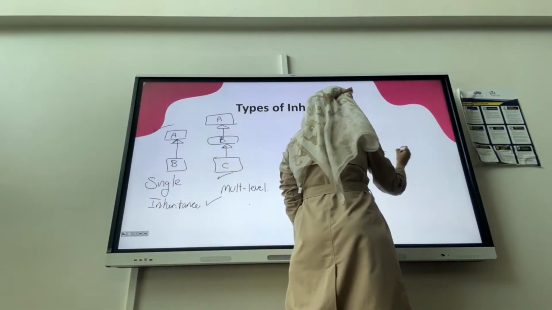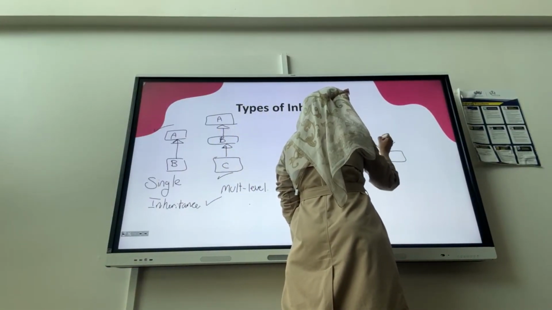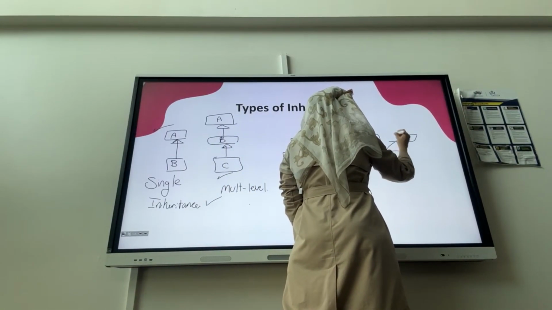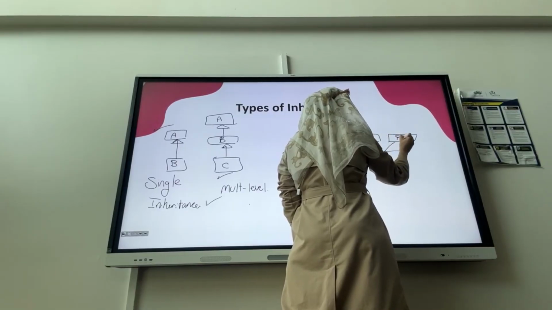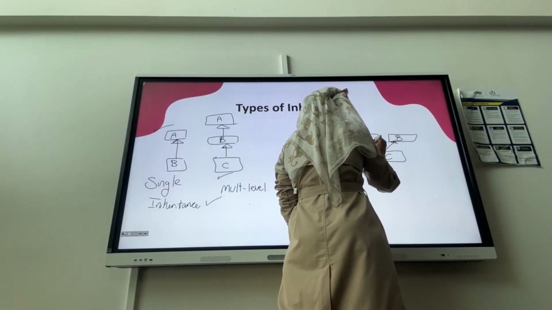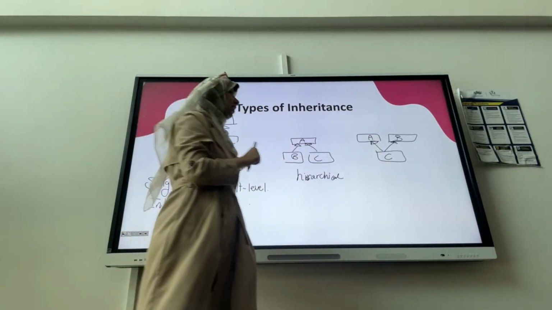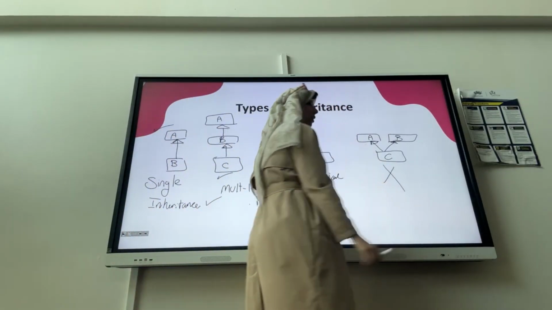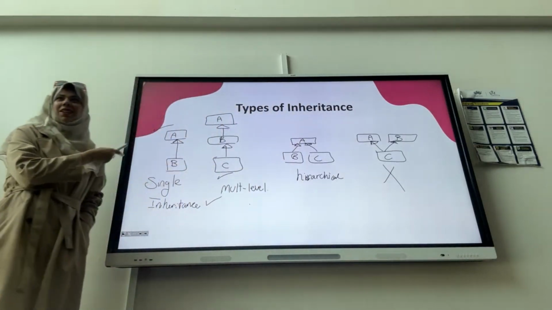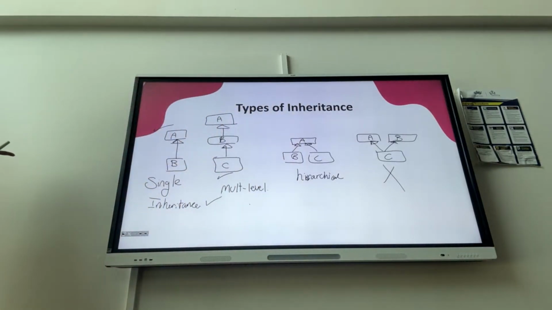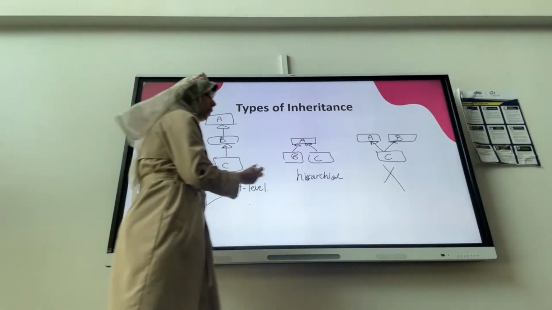Okay, how about this one? Double inheritance. Supported? No. That's not supported only in Java. In other languages like C, you can see that this is actually there. We call this multiple inheritance.